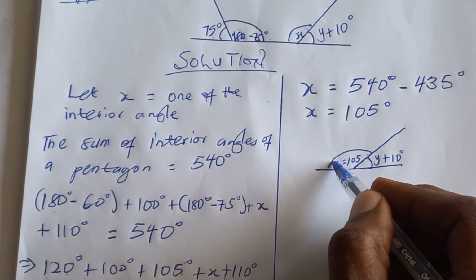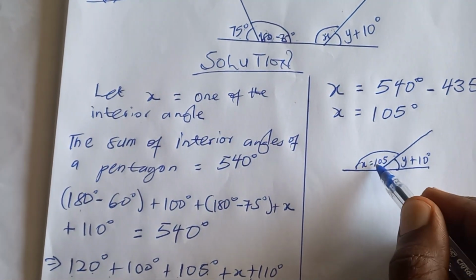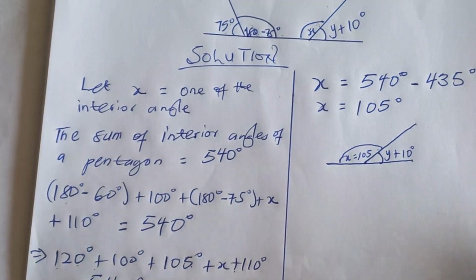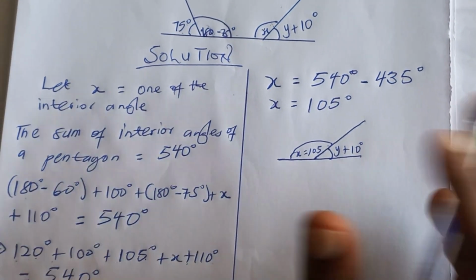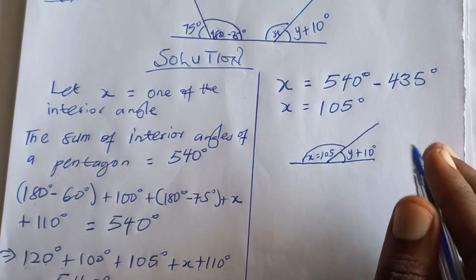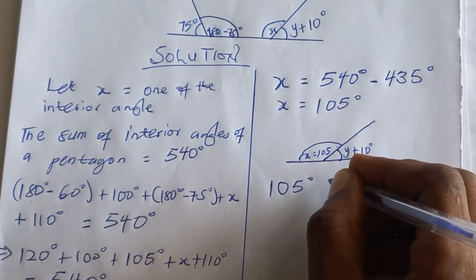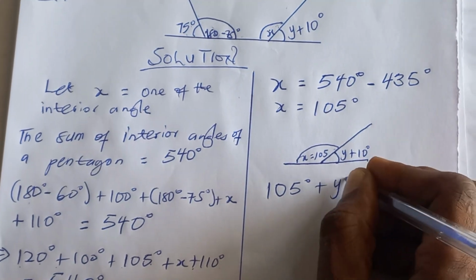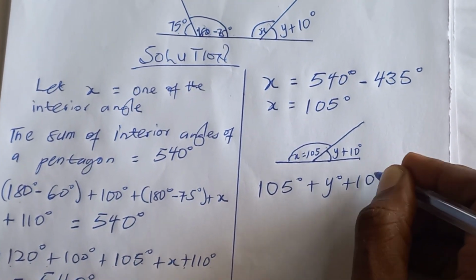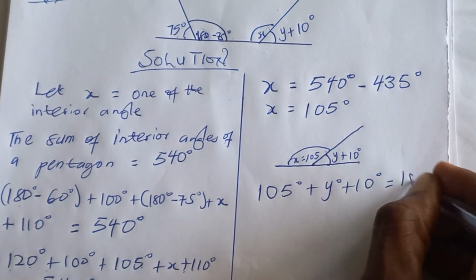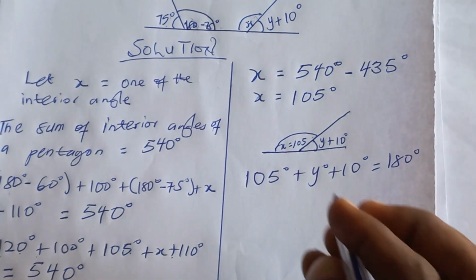So this is a supplementary angle, or angles on a straight line, which is 180. So we can add everything here and equate it to 180 and find the value of y. So we have 105 degrees plus y degrees plus 10 degrees, which is equal to 180 degrees. Good.